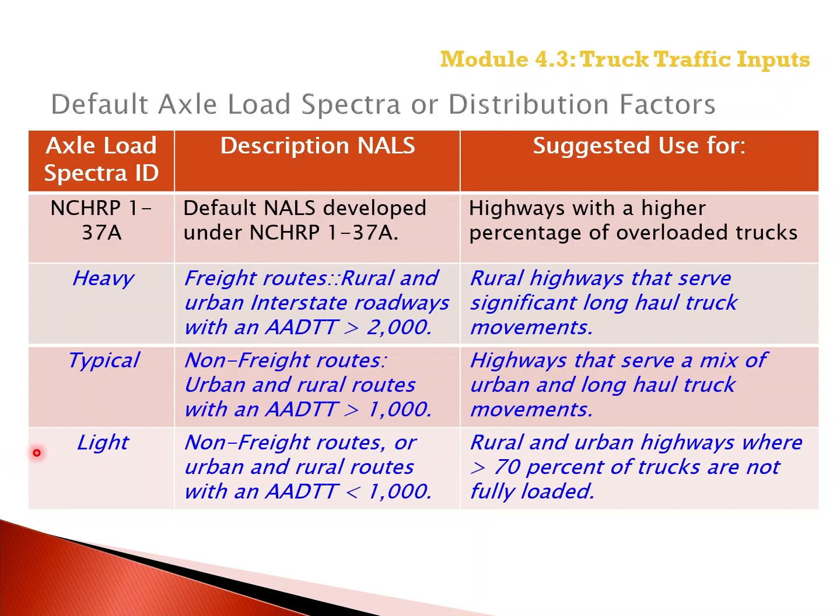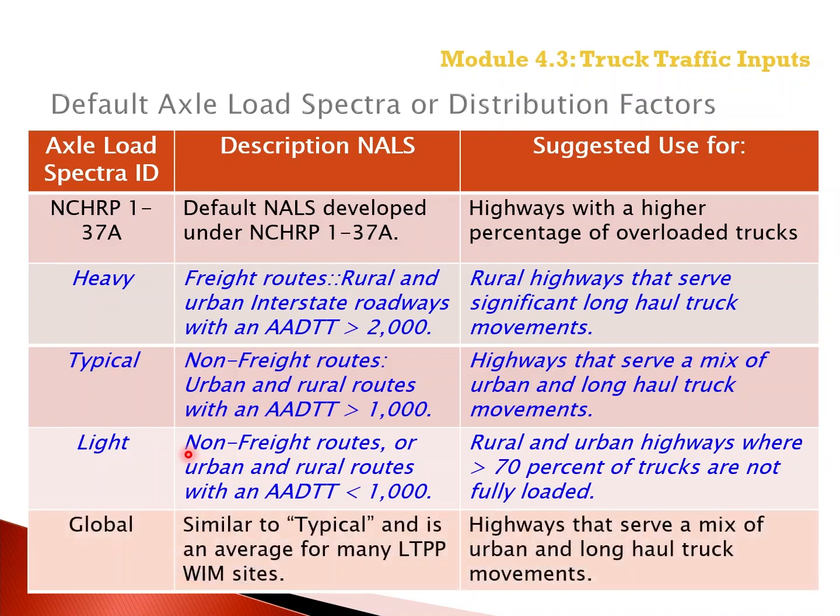The third of the LTPP global default values is defined as light. These are also non-freight routes that can be urban or rural routes, but with an AADTT less than 1,000. These are rural and urban highways where more than 70% of the trucks are not fully loaded. These are usually short haul routes of truck movements.